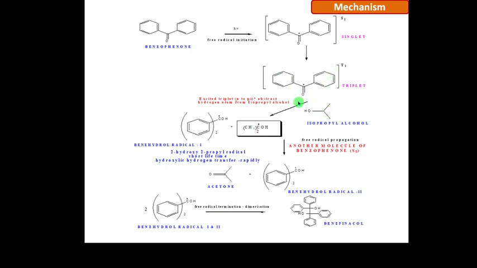In this particular triplet, the radicals are able to abstract the hydrogen, so that the excited triplet, the n to pi star transition state, is ready to abstract the hydrogen atom from the isopropyl alcohol. As a result of this abstraction of hydrogen, the benzhydrol radical is formed.